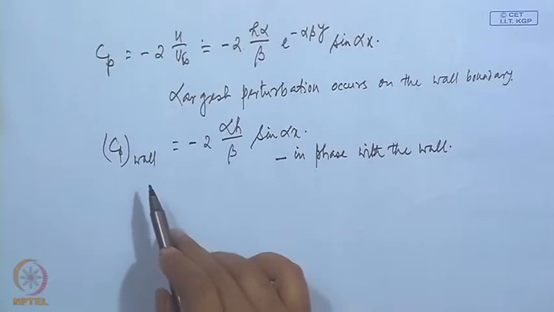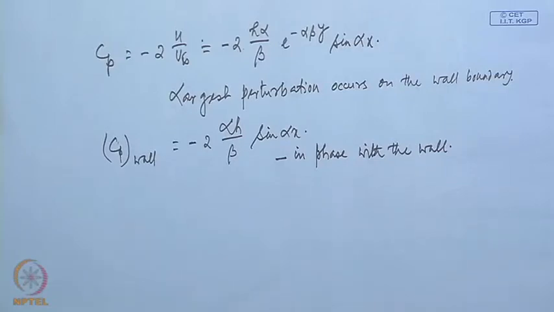We see that the pressure distribution on the wall is in phase with the wall. The wall is also given by h sin alpha x. Consequently, the pressure distribution is symmetric about the wavy wall.